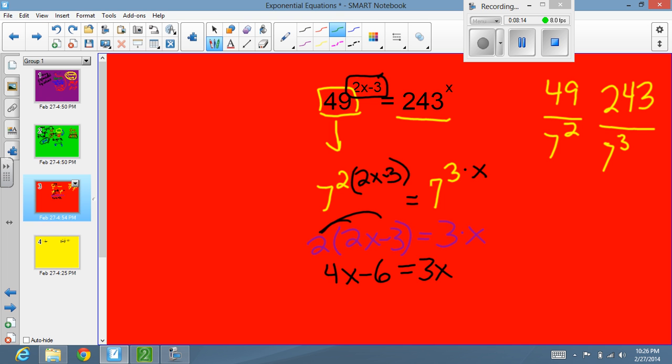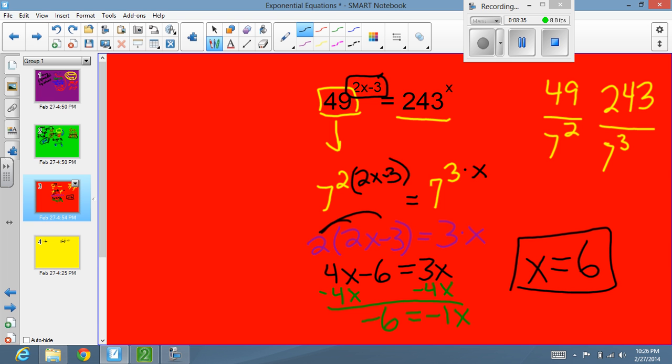You can do this either way. I'll just subtract 4x to get all my x's on one side. So I have negative 6 equals negative 1x. I would divide both sides by negative 1, and my x is going to end up being a positive 6.